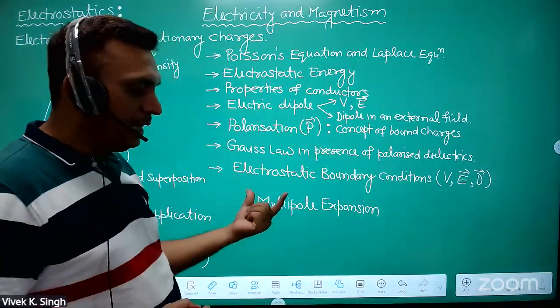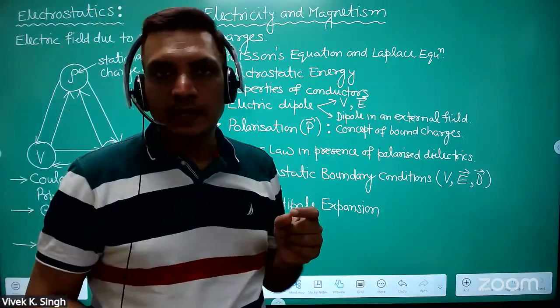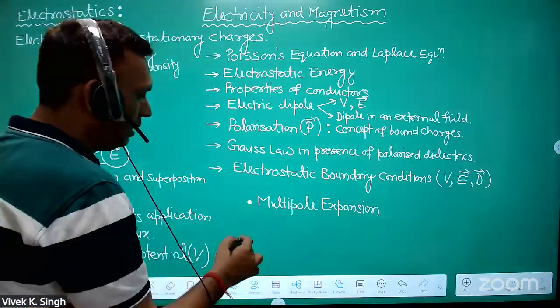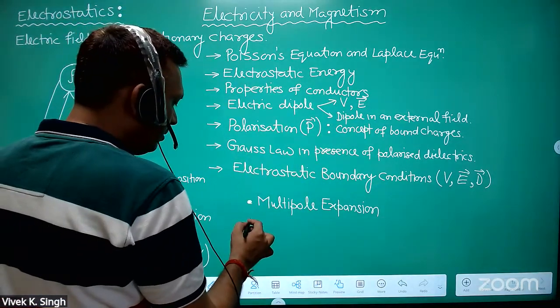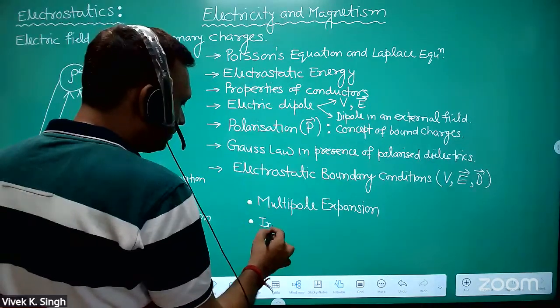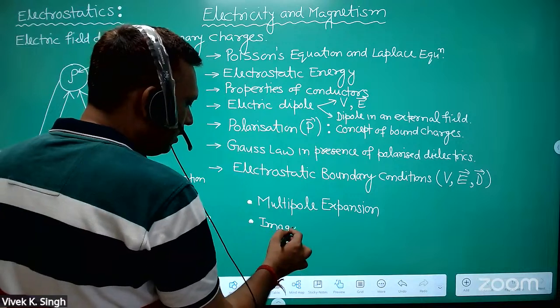So we can find approximate potential or electric field due to any arbitrary charge distribution. And then we will discuss the image problem.